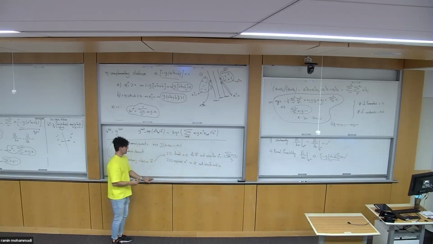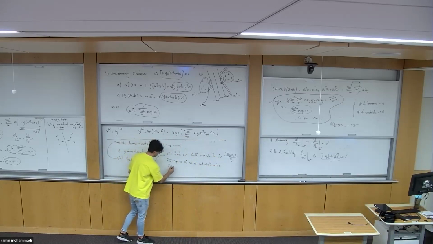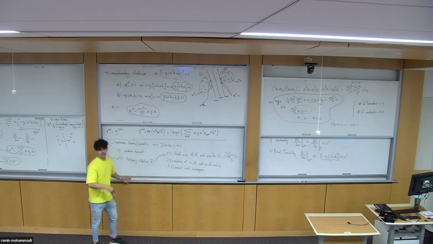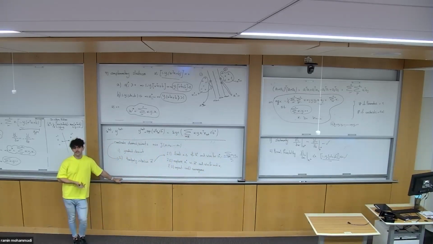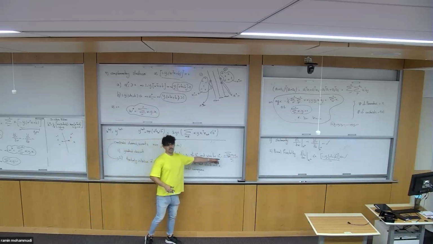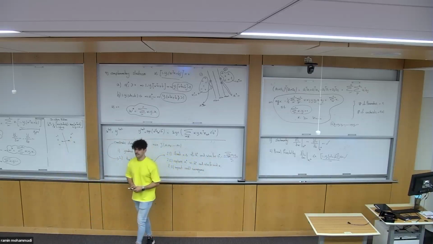Repeat this until convergence. Basically, you repeat this until at some point you reach the point that no matter how much you change, this doesn't change anymore, right?